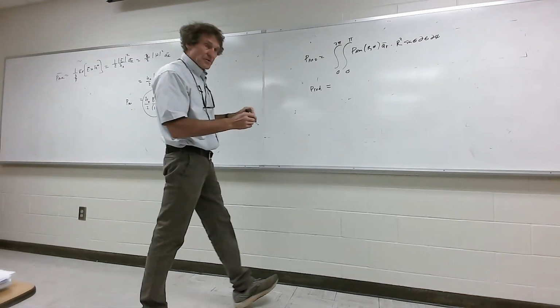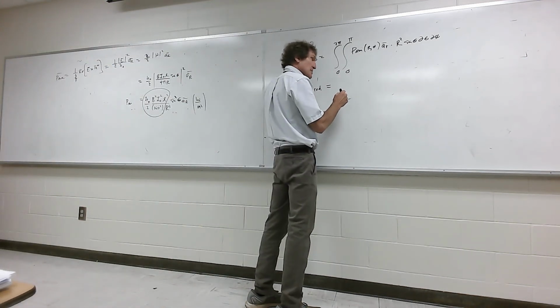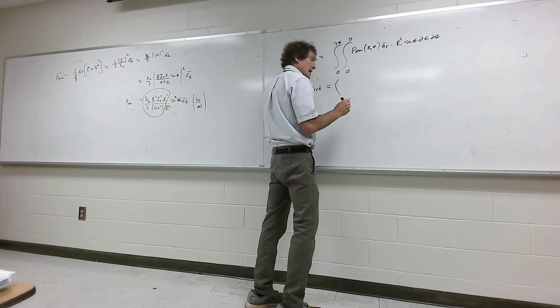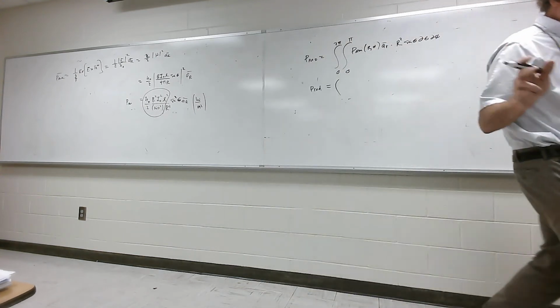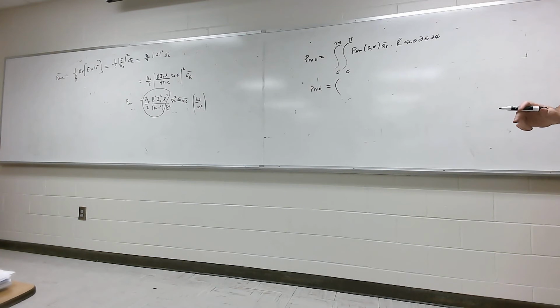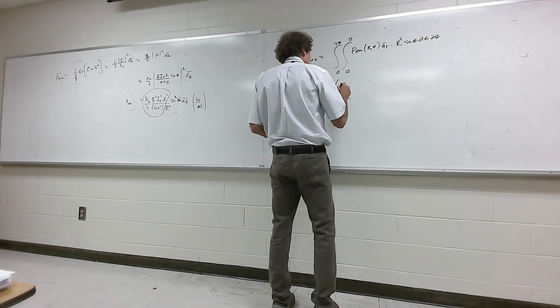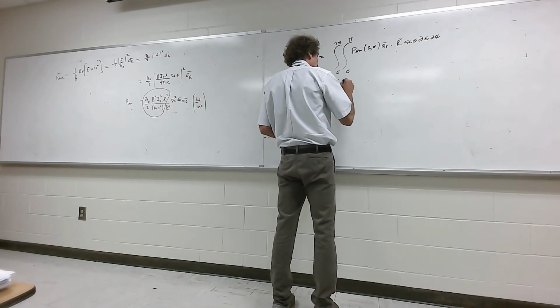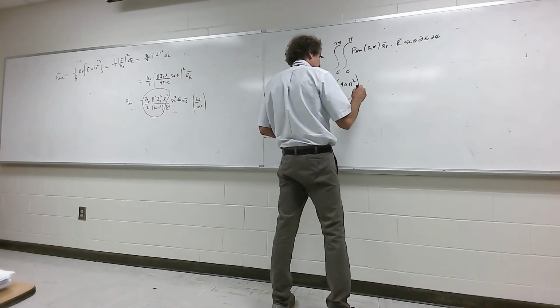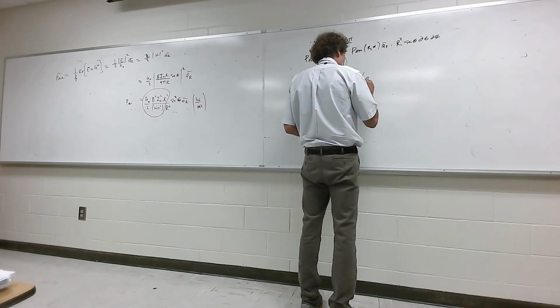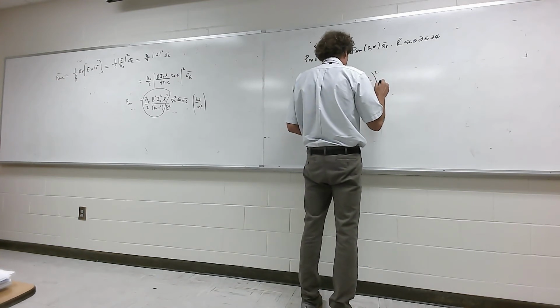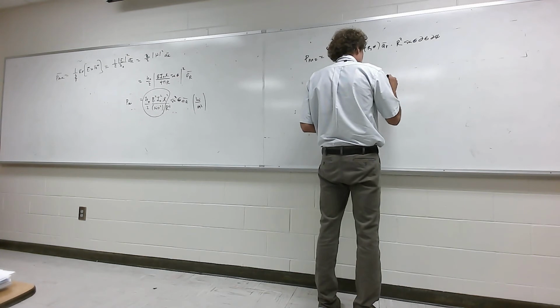You get total power radiated equal to, and in his book, it's equation 8.55 on page 444, 40 pi squared times L over lambda squared times I naught squared.